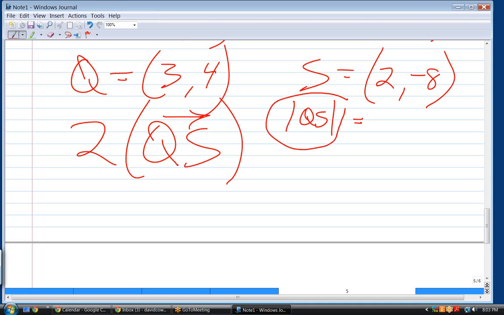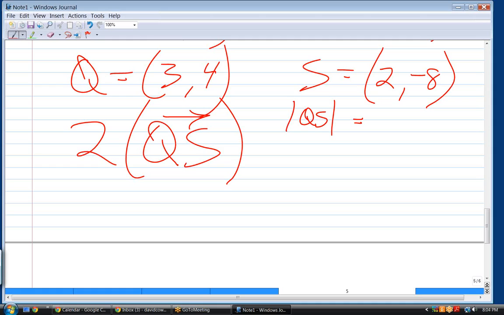Is this what your class uses, these absolute value signs for that? Yeah. And they call it magnitude? Uh-huh. It's also called modulus. You might hear that word sometimes also. So what's the magnitude of QS?